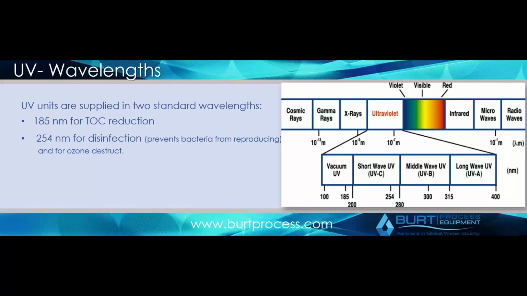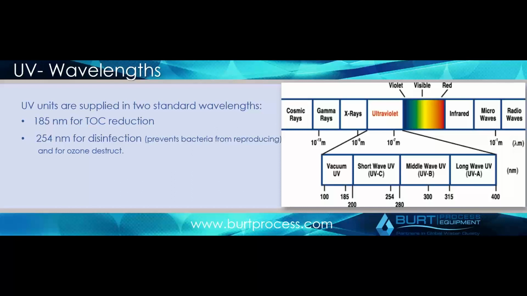It is worth noting that the two of them are not interchangeable. The wavelengths work at specific levels because you're talking about things in the quantum realm at this point. 185 nanometer UV is not necessarily a straight peak, whereas 254 nanometer tends to be a much more linear peak at just that wavelength.